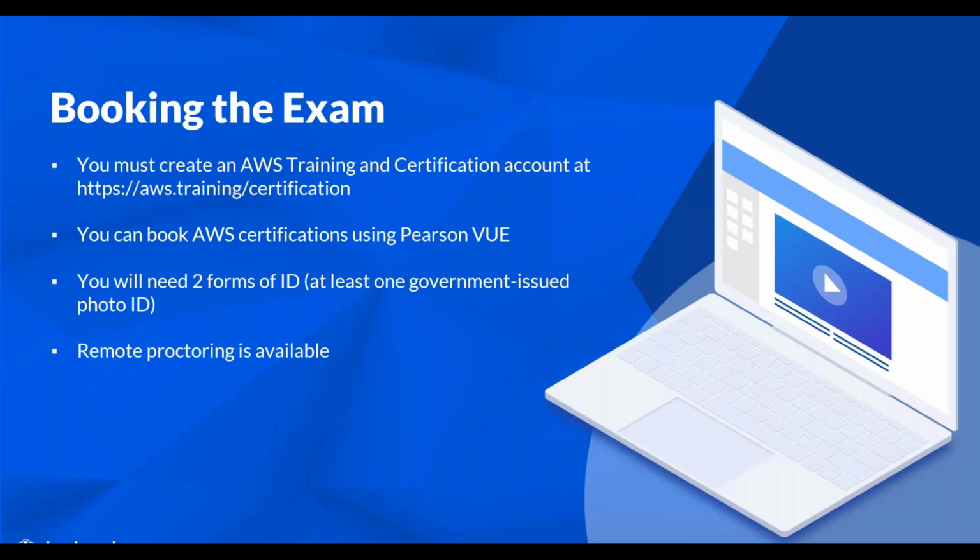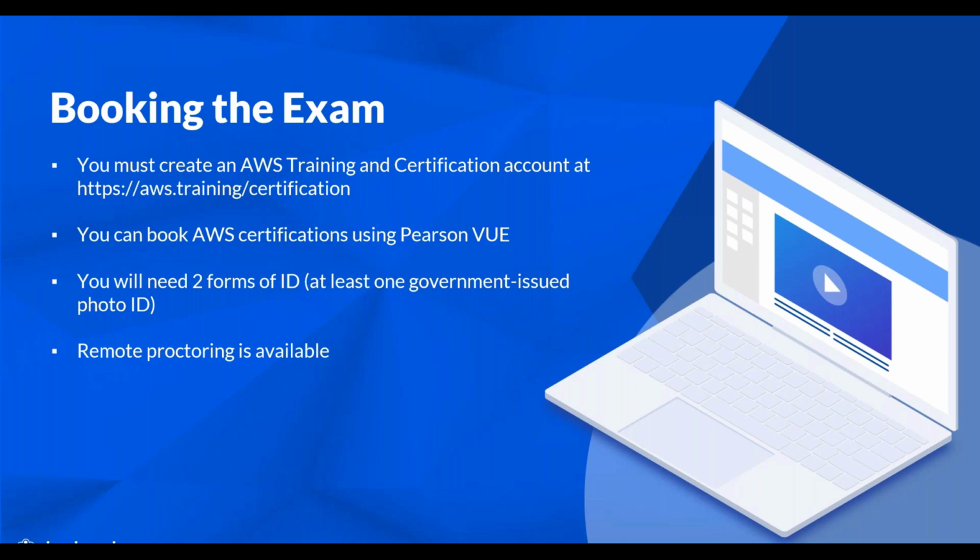Let's take a little bit of a break from that and talk through some of the logistics for booking the exam. If you've never booked an AWS certification exam before, you do need to create an AWS training and certification account. You can do that at the site on the screen here, aws.training/certification.